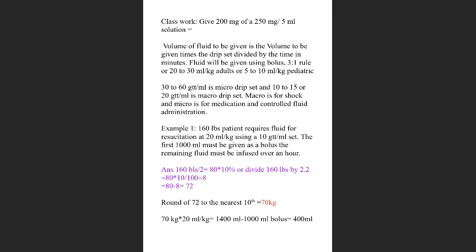Now, you have different types of drip sets that we use to give fluids. You have your micro drip set and you have your macro drip set. So micro would be 30 to 60 drops per mil. That's a micro drip set.